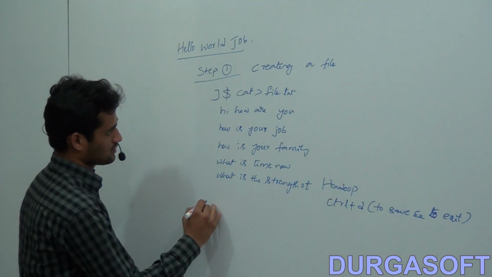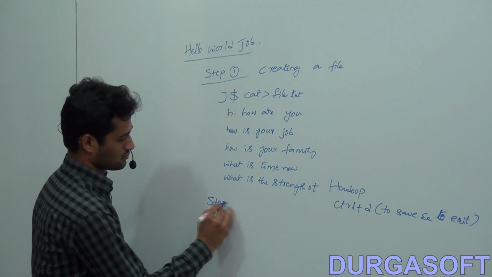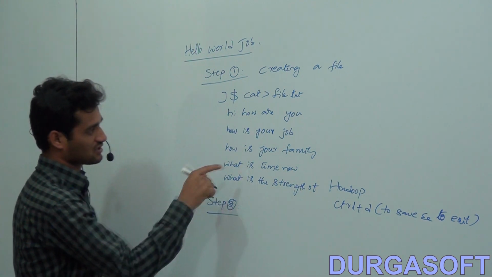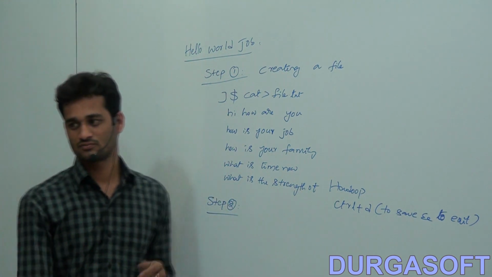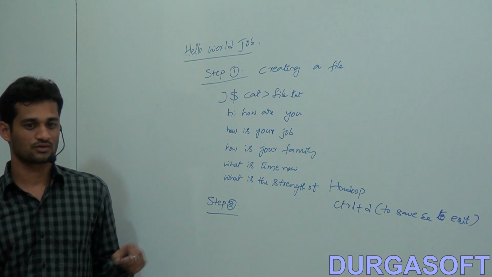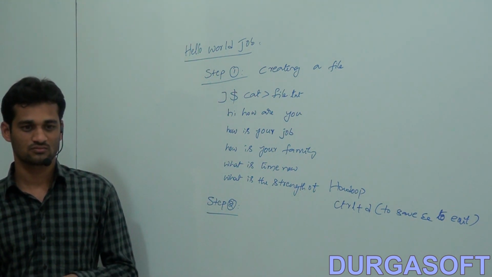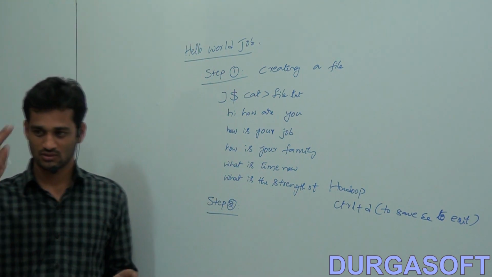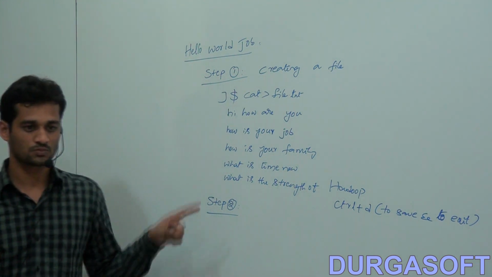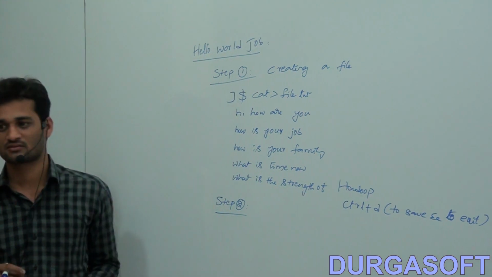Next, see this one. Step number 2. Once we have created this file, what do we have to do? I'll put this file into HDFS. How to put this file from the local file system to HDFS?